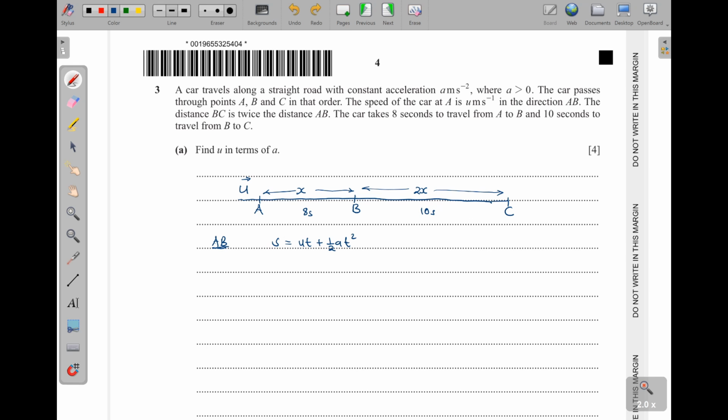Then the distance is x, which is equal to u, and then the time taken is 8. So 8u plus a half times the a, which we don't know, times the t, which is 8 squared. So 64 divided by 2, that is 32. So we can have 8u plus 32a. That is my first equation.